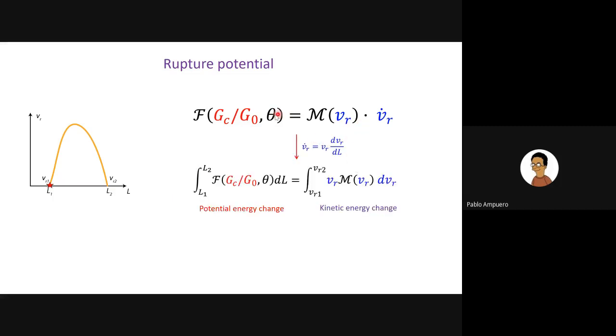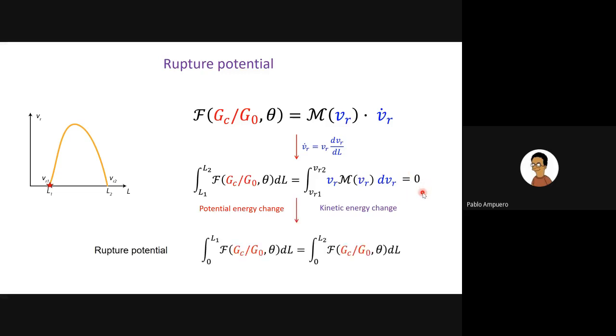And we see appearing after integration something analogous to a potential energy change in the left-hand side and something analogous to a kinetic energy change on the right-hand side. And the kinetic energy is 0 at the beginning and 0 after the rupture. So if we integrate this equation from before the earthquake to after the earthquake, this kinetic energy change should be 0.